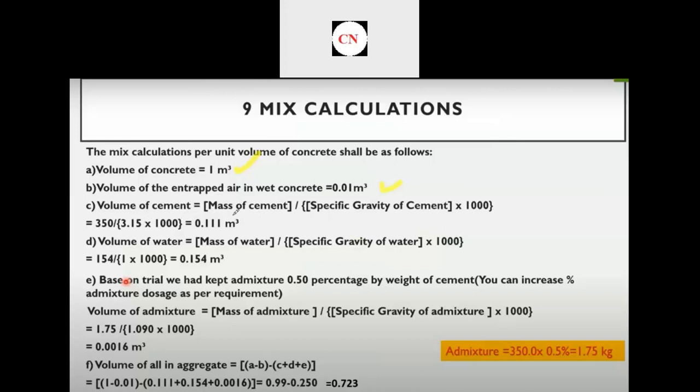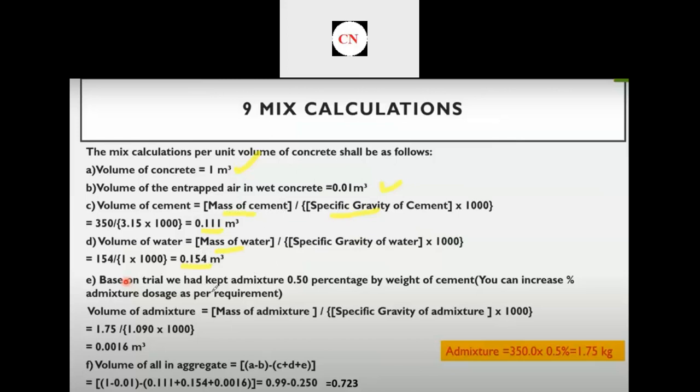The volume of cement is the mass of the cement divided by its specific gravity into 1 by 1000, which is 0.111 meter cube. The volume of water is the mass of water divided by its specific gravity into 1 by 1000, which gives 0.15 meter cube.